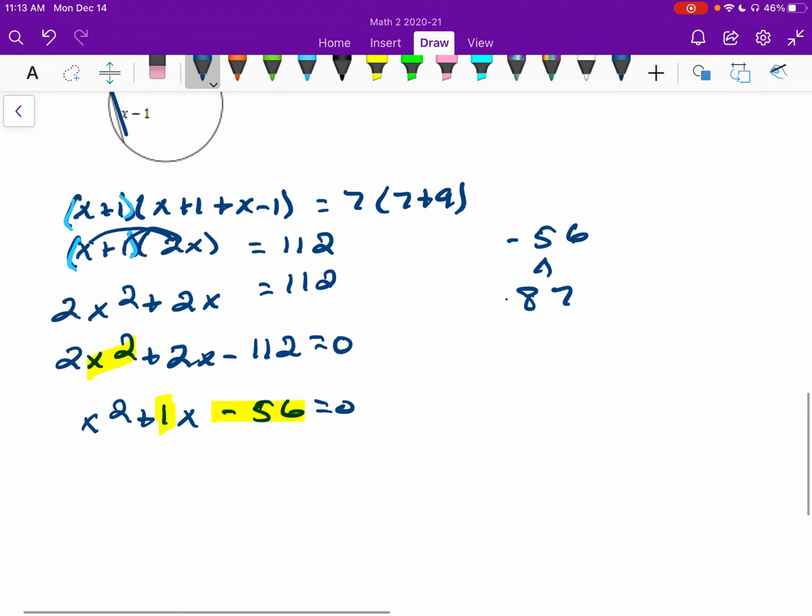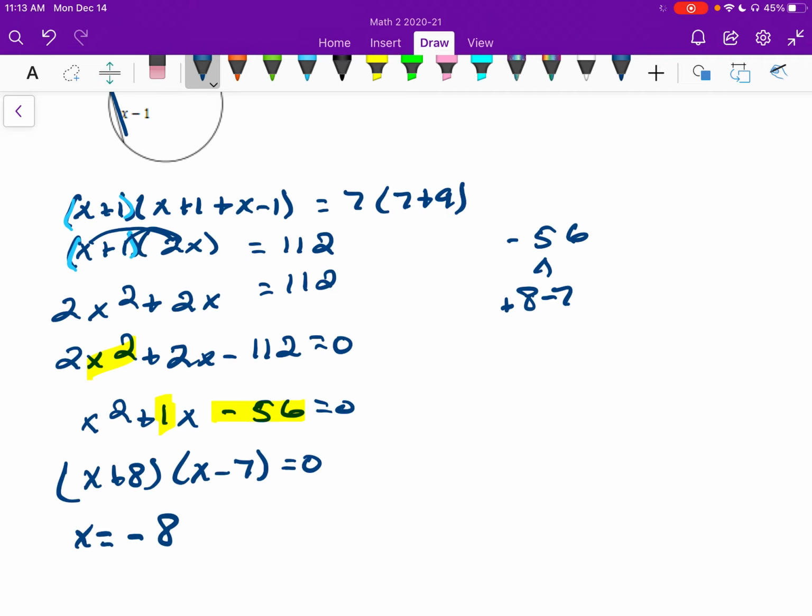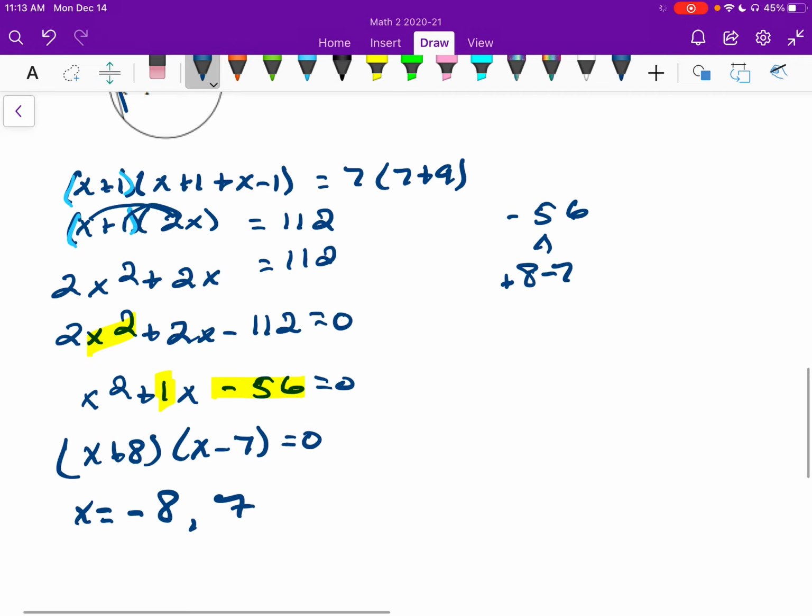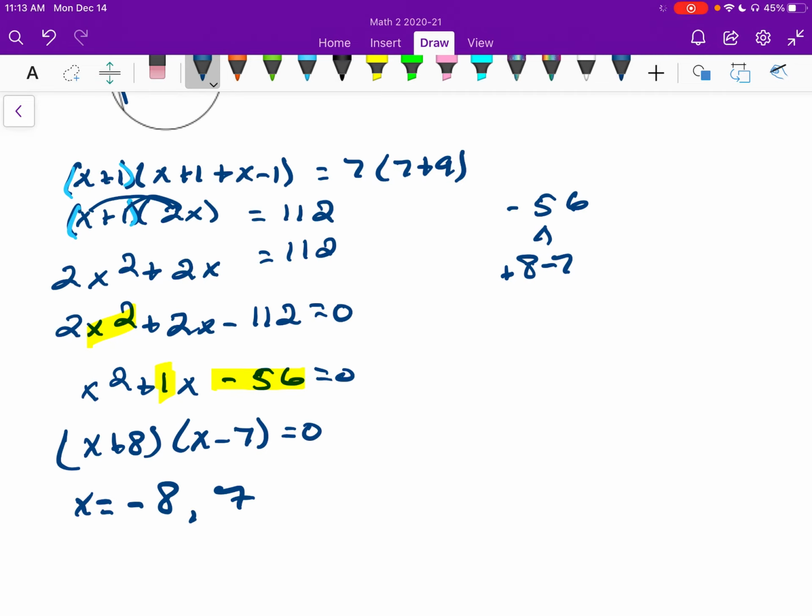So if I did a positive 8 and a negative 7, that would add up to be 1, and that would work. So x plus 8, x minus 7 equals 0. Well, that tells me that x is going to be negative 8 or 7. And as before, a negative number doesn't make sense, so x is 7.